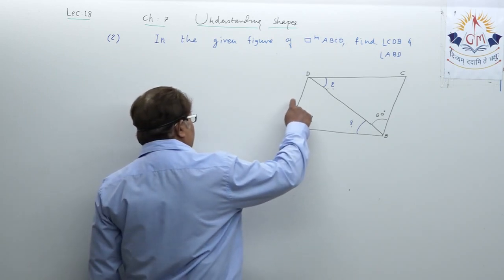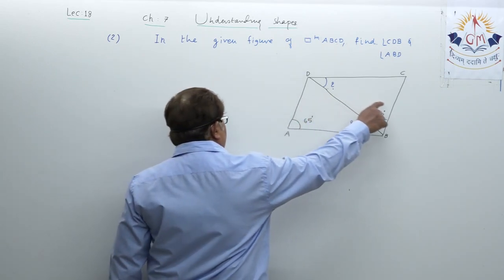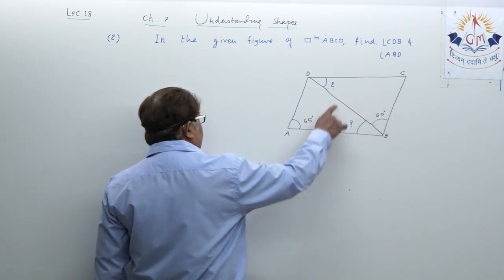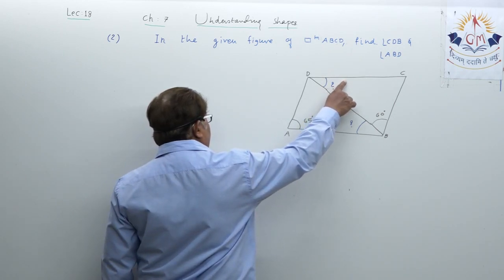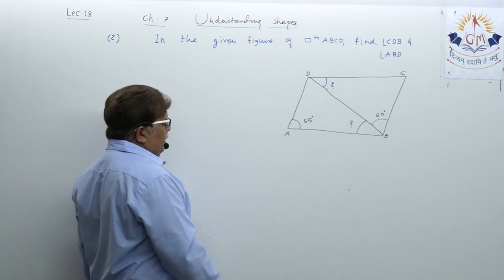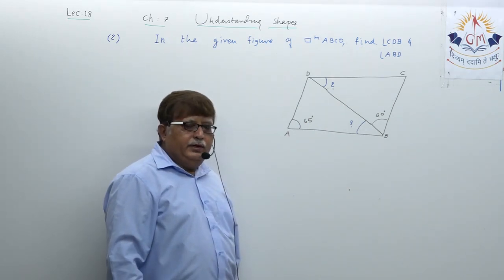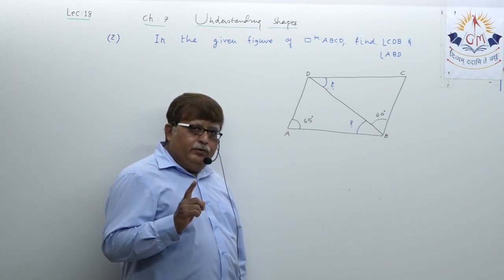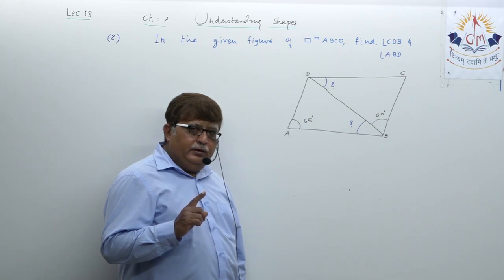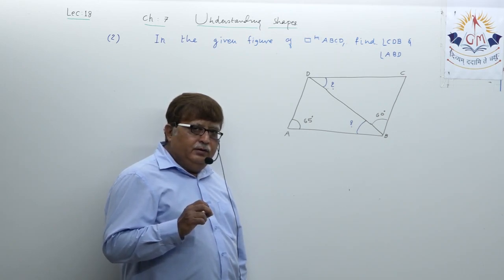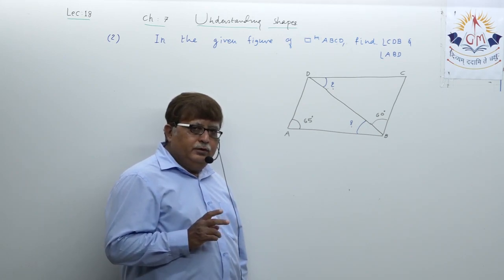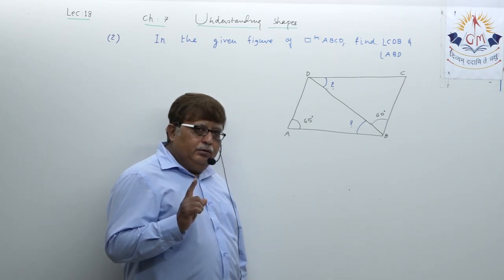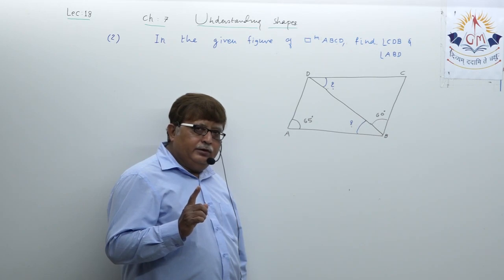That means AD parallel to BC, AB parallel to CD. So one thing is clear in our mind, that because in parallelogram opposite sides are parallel, they will definitely facilitate us to obtain two pairs of congruent alternate angles.